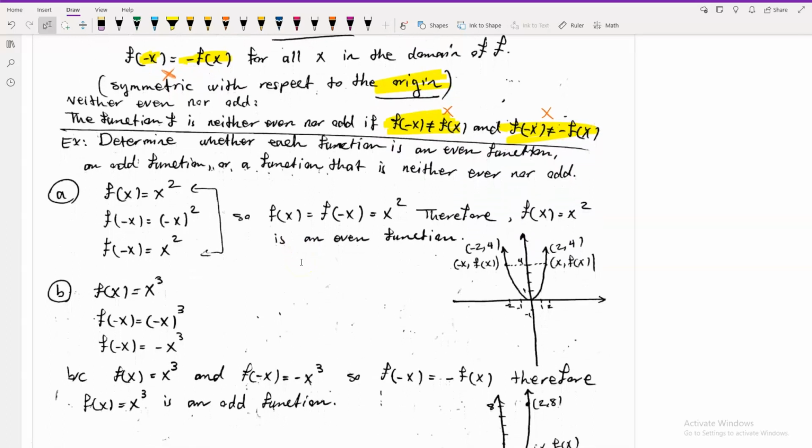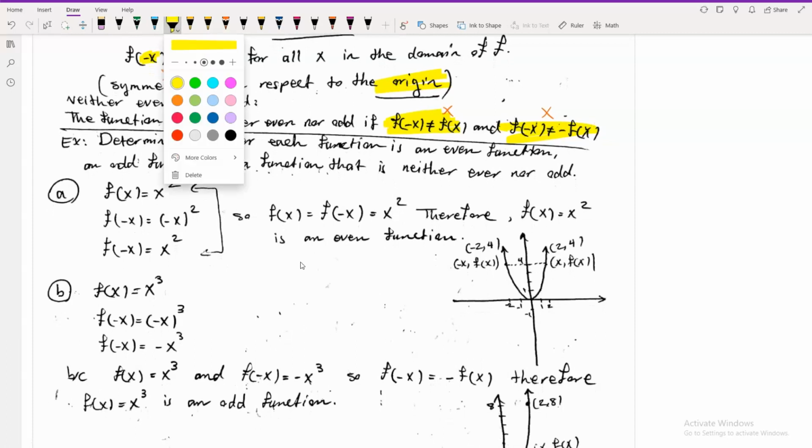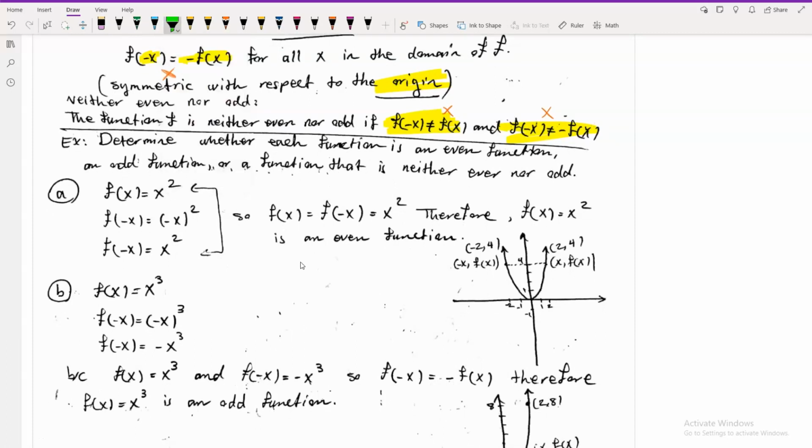Example, determine whether each function is an even function, odd function, or a function that is neither even nor odd. So here on this part we have f of x equal to x squared. We want to see if f of negative x is equal to f of x.